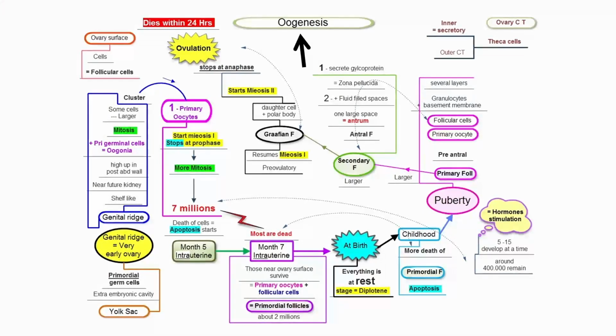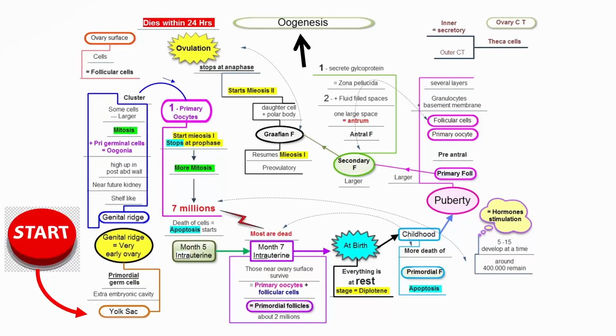This is a mind map of oogenesis, which is the process of formation of the oocyte. Where does it start? It starts its story in the yolk sac, and we have gone through this information, but we are summarizing it and putting things in its right place.